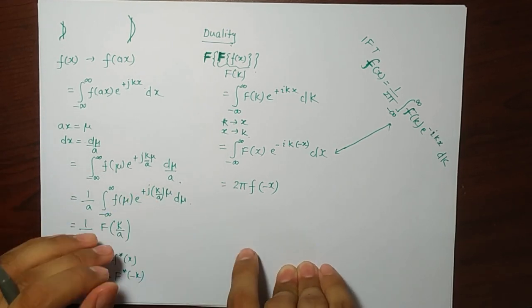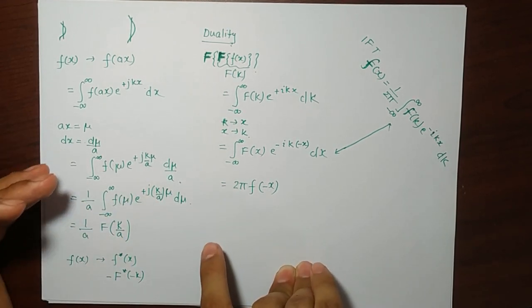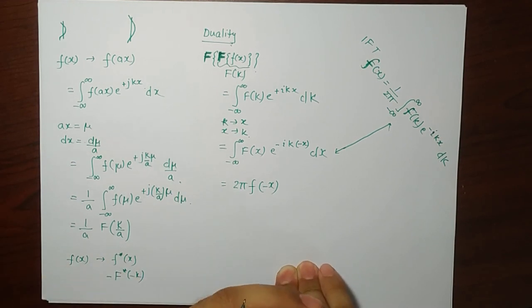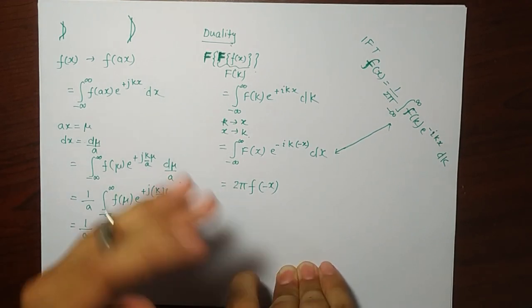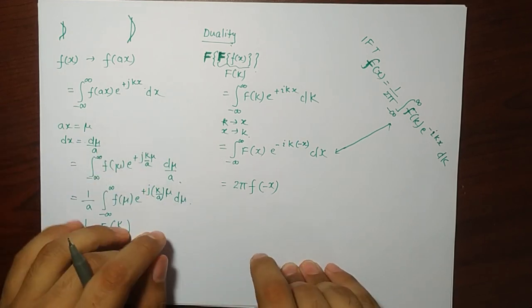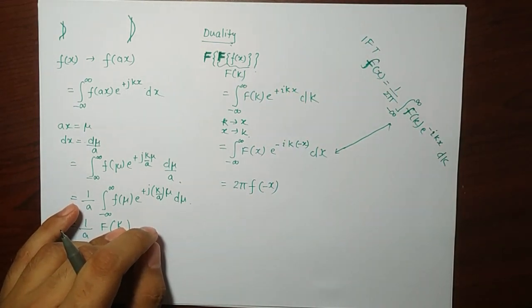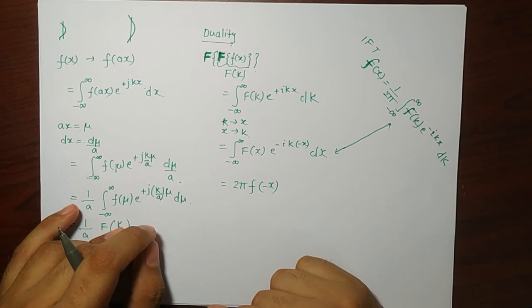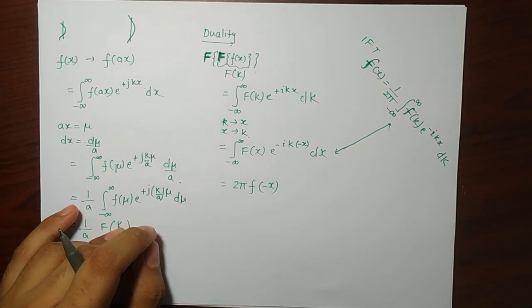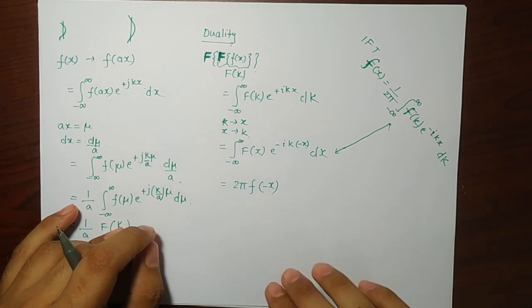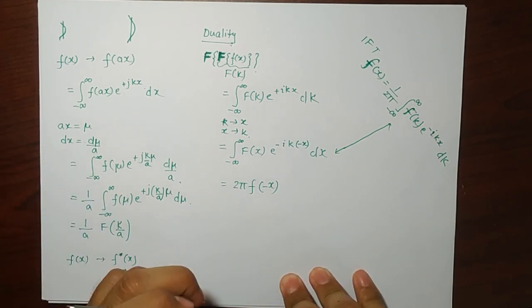So they form a dual pair, and people have tabulated a lot of dual functions, and knowing them really helps in calculation. This particular property really eases out a lot of calculations and helps us directly derive results from other results which we already know.